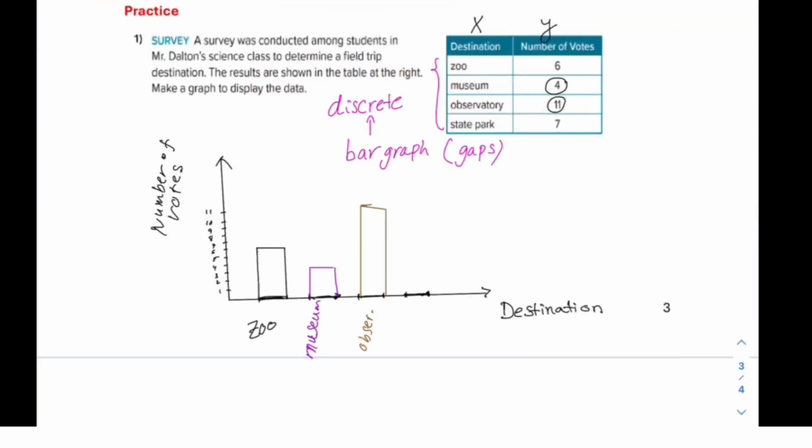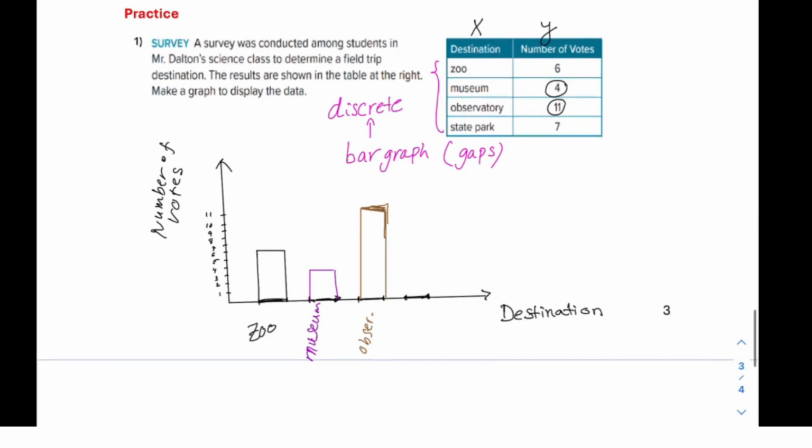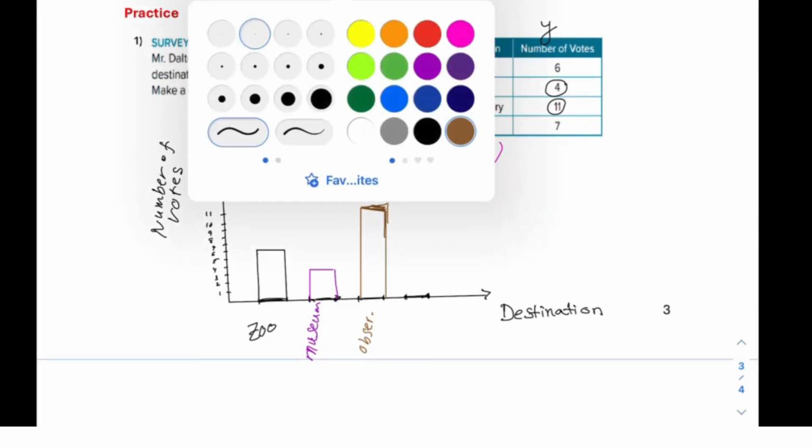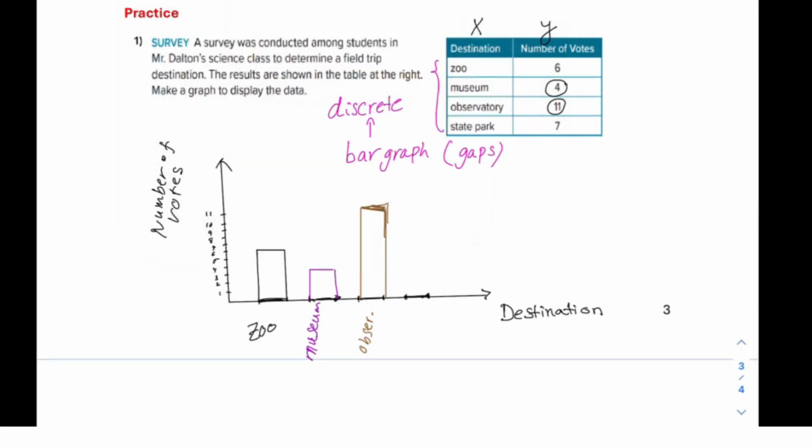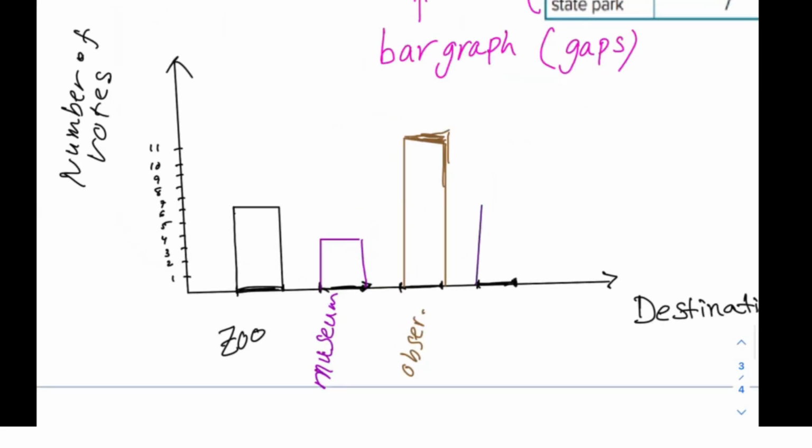And then, of course, it shouldn't be inclined. Last one, state park. And for the state park, it's just 7. So we'll go up to 7. It should be a little higher than the zoo.